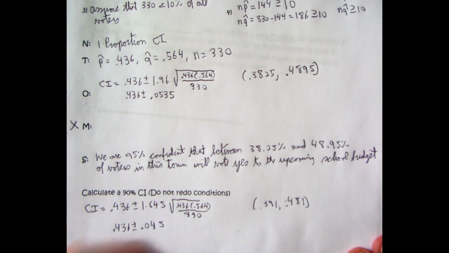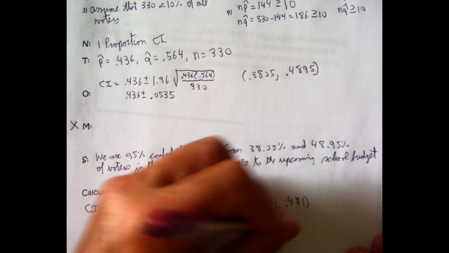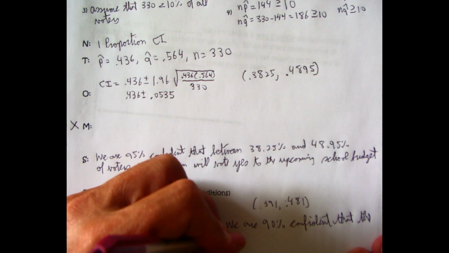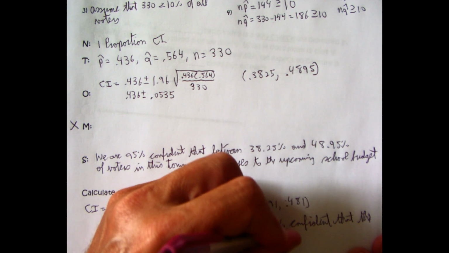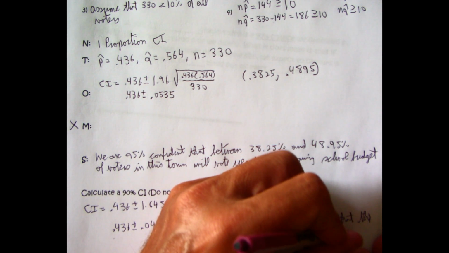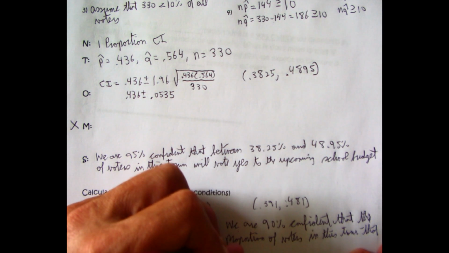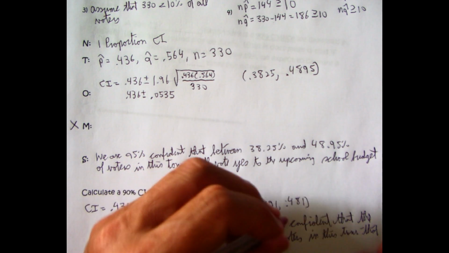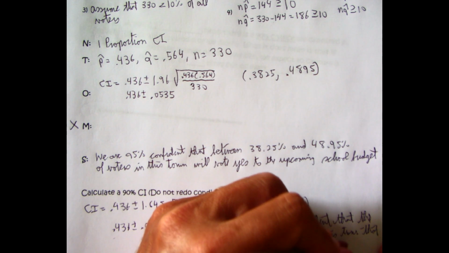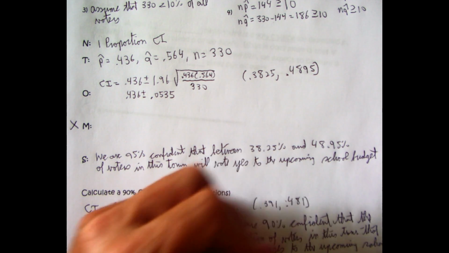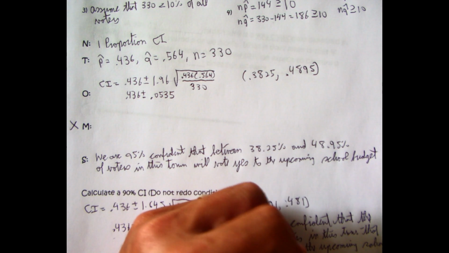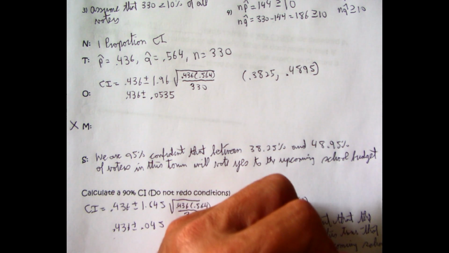So what does that mean? Well, now we are 90% confident that the proportion of voters in this town that will vote yes to the upcoming school budget is between 39.1% and 48.1%.